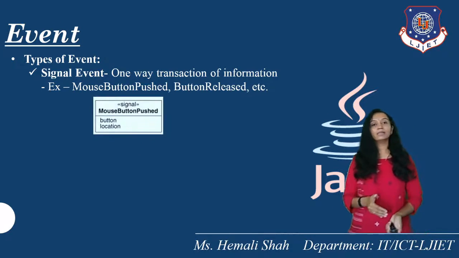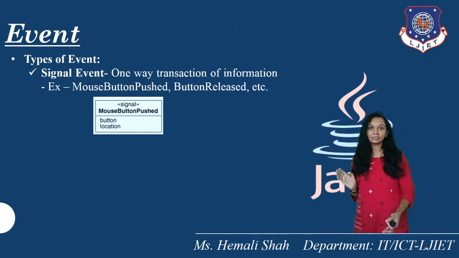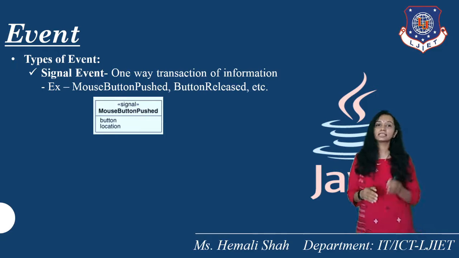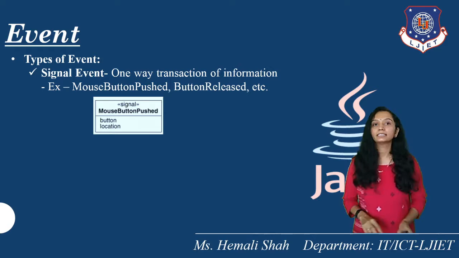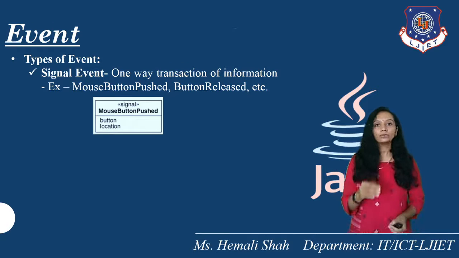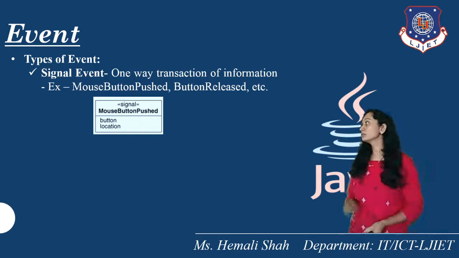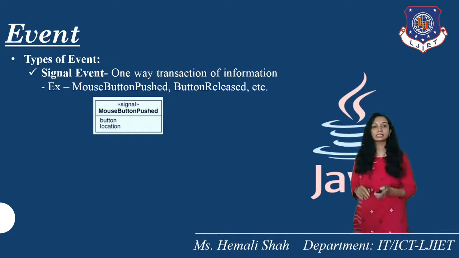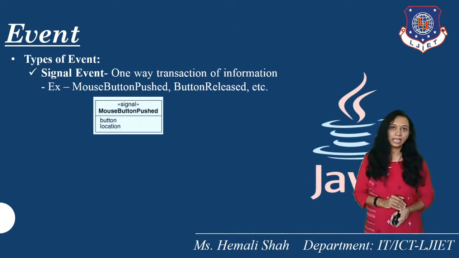Now the signal can be represented by such a symbol. You just need to create a class and write the signal keyword in less-than and greater-than signs, and you write the attributes that are required to represent this event. So this is the symbol to represent the signal event in your state diagram.